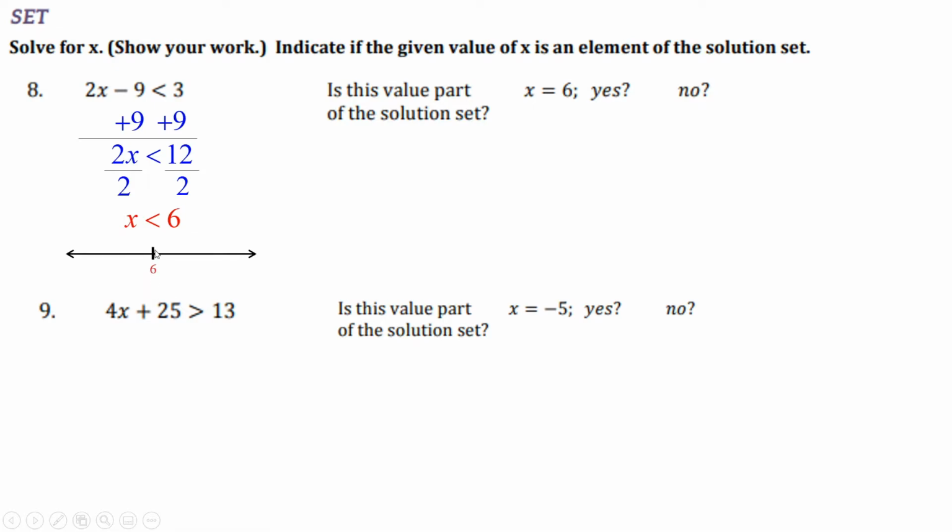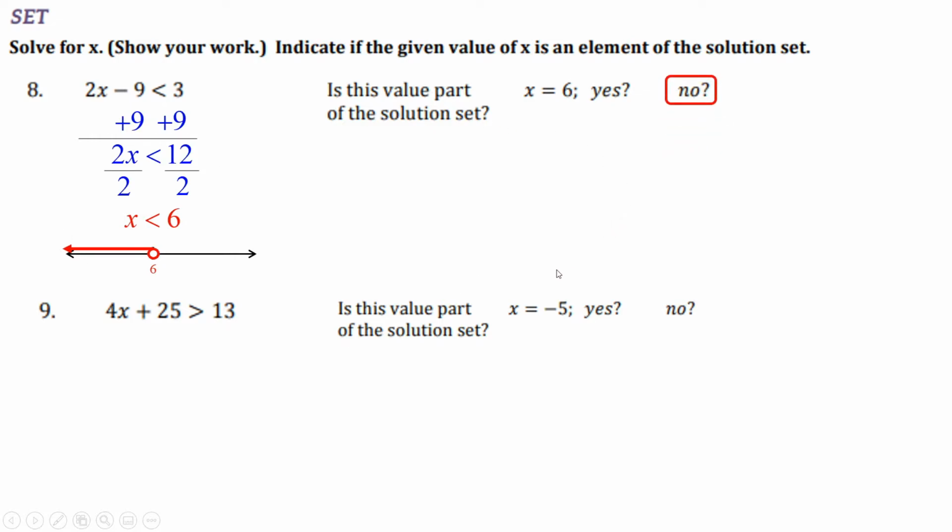And with a less than, I'm going to put an open dot on the 6. X is less than 6. So let's go arrow to the left. All right, and this is the set of solutions to the given inequality, 2x minus 9 is less than 3. X cannot equal 6, so that's a no.